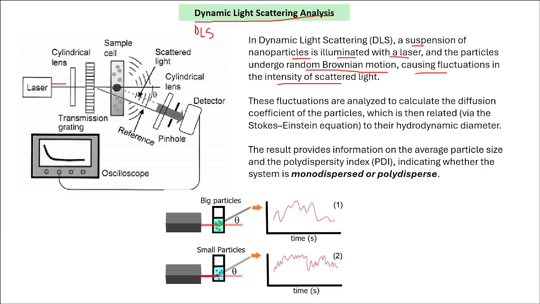Because of the energy coming from the laser falling on these particles, they come into Brownian motion and interact with each other, and the scattered light coming out will have different intensity. These fluctuations are analyzed to calculate the diffusion coefficient of the particle, which is then correlated to their hydrodynamic diameter.